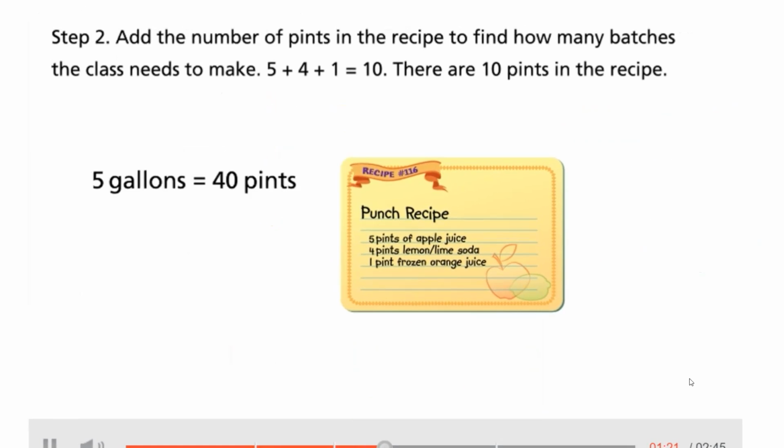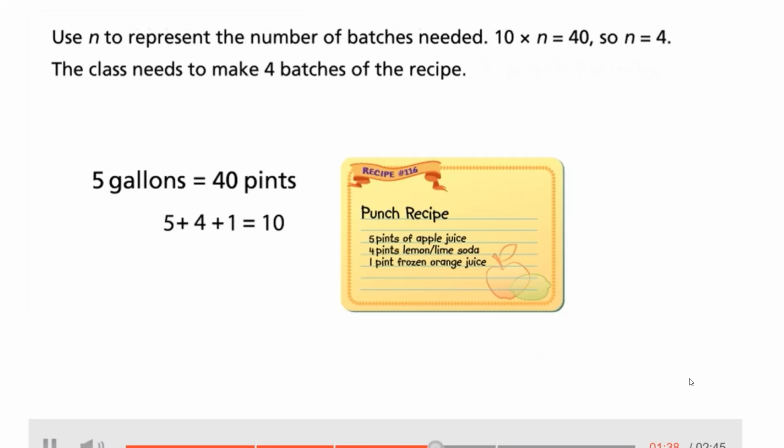Step 2. Add the number of pints in the recipe to find how many batches the class needs to make. 5 plus 4 plus 1 equals 10. There are 10 pints in the recipe. Use n to represent the number of batches needed. 10 times n equals 40.